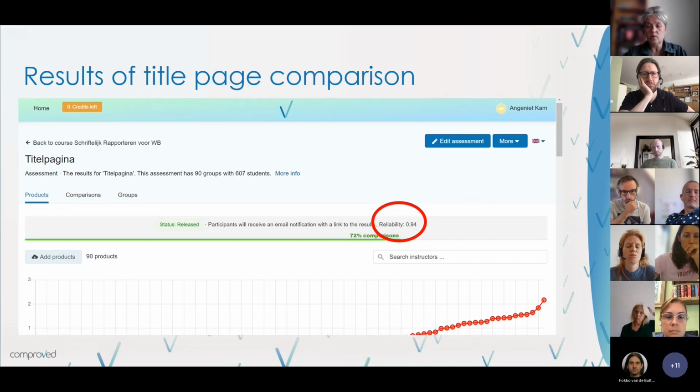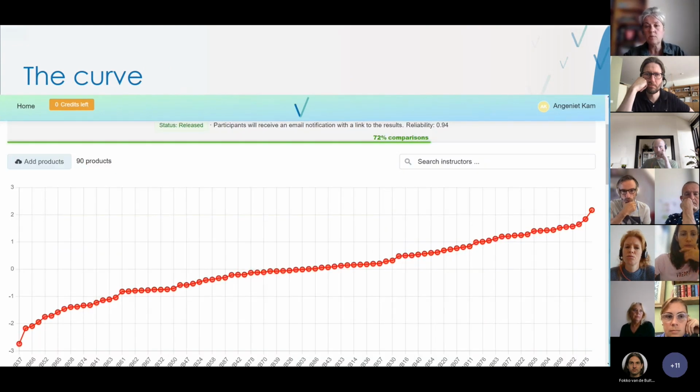And then when we had the students do these comparisons, we came up with a reliability score of 0.94, which is quite high, I think. We did not use this for summative purposes, but only for formative purposes. So this is what it looked like on my end of the test we did. This is what students did not see, but they could see how their group ended up on the curve.